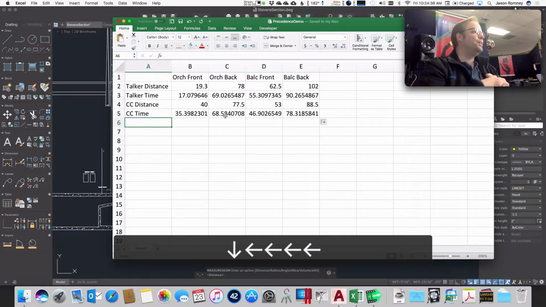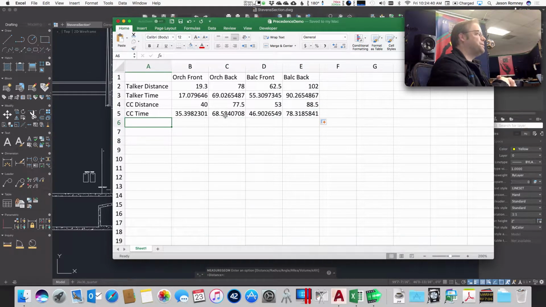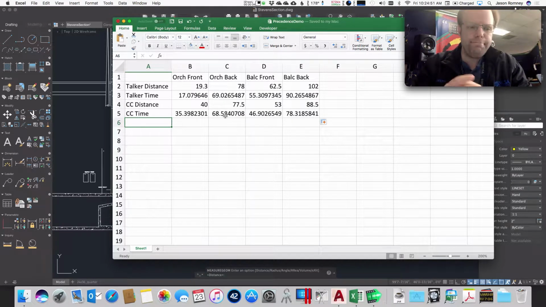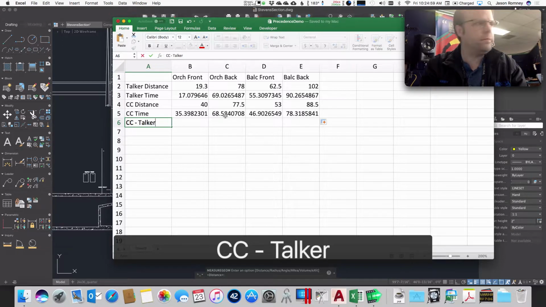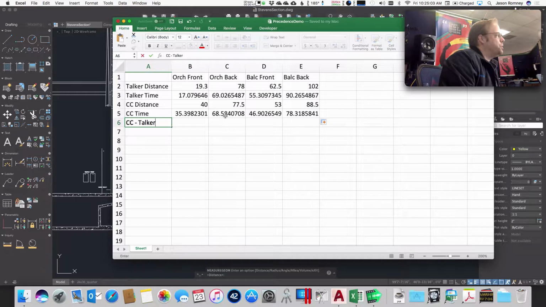Okay. So now I just need to figure out what the difference in those two times are, so I know when those things get there. What I'm going to do is take the center cluster time minus the talker. And what I want is I want the talker to arrive first.